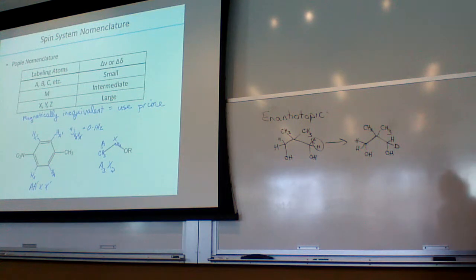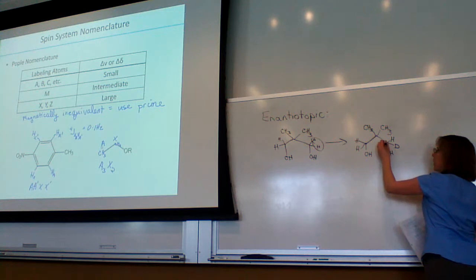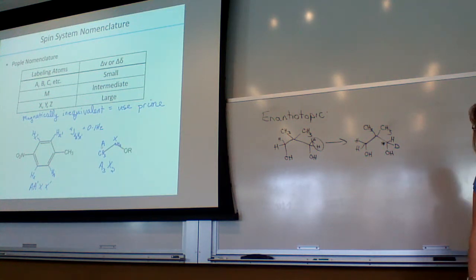So we change one of those, we create an enantiomer of the original compound. So our deuterium replacement has created a stereocenter at this position. An enantiotopic group, when you replace one of them, is going to create an enantiomer.